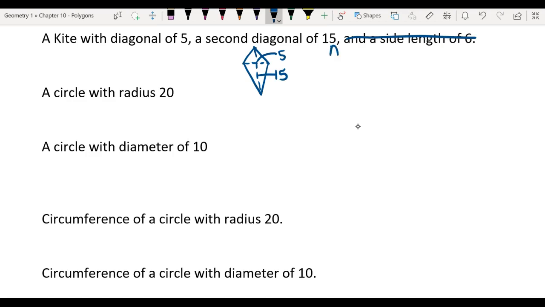So the area formula for this is 1/2 D1 times D2, which is 1/2 times 5 times 15, which is 37.5. Okay, so you'll find in your pictures that they give you information you don't need. And make sure you analyze the picture and pull out anything you don't need and get rid of it.